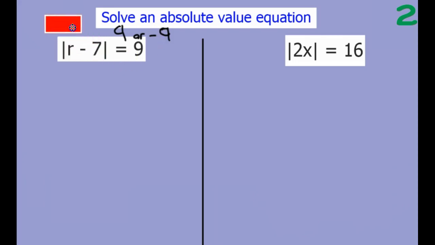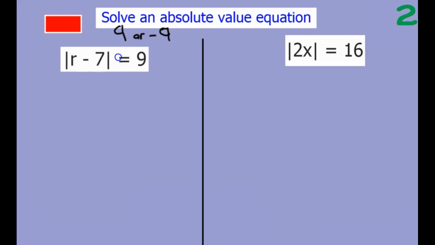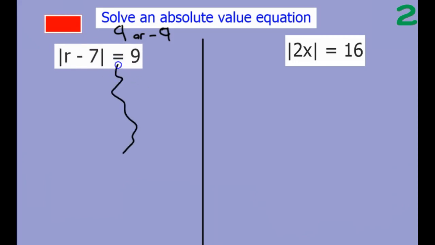So what we need to do is create two problems. So we would have r minus 7 equals 9, or r minus 7 equals negative 9.